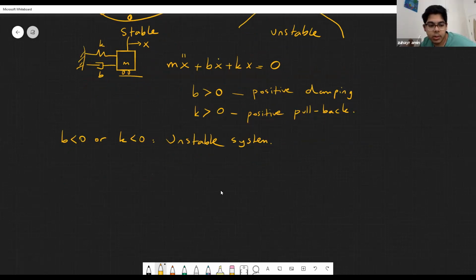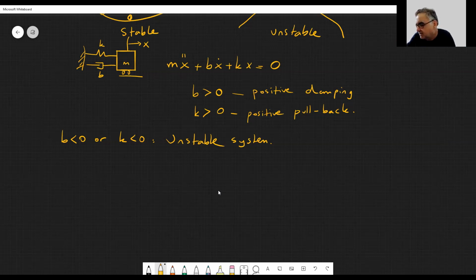I just had a question. So far, we've only been dealing with positive damping and pullback, right? Yes. We haven't had the negative case. Well, normal physical systems have B and K terms that are always positive.